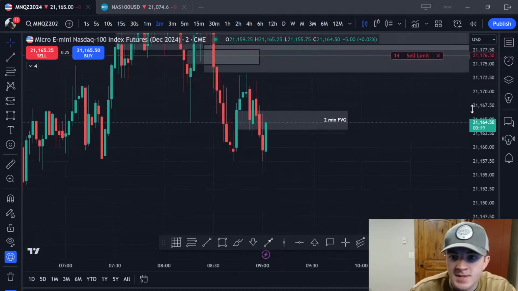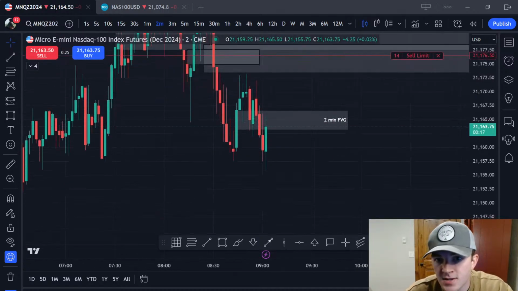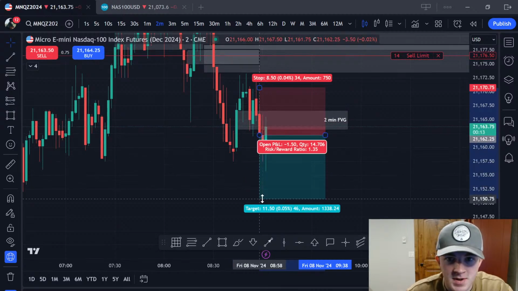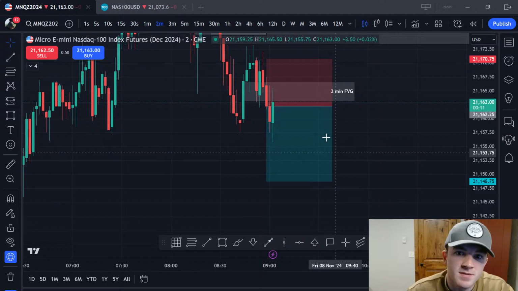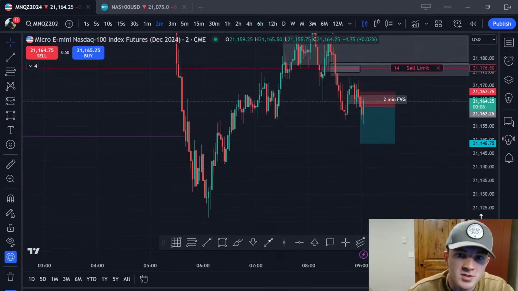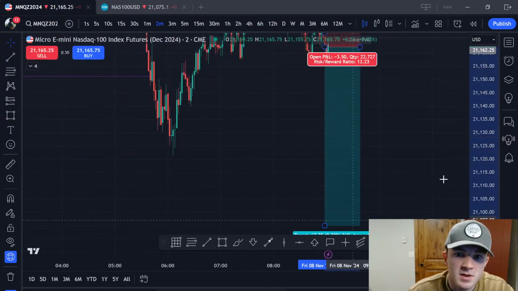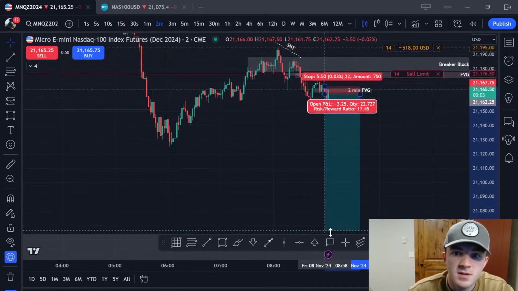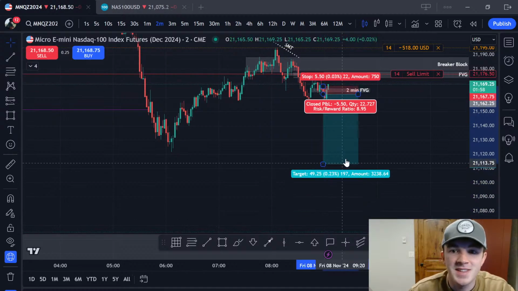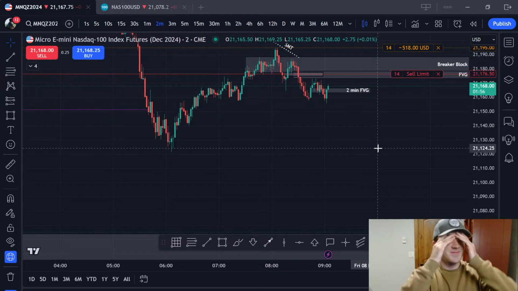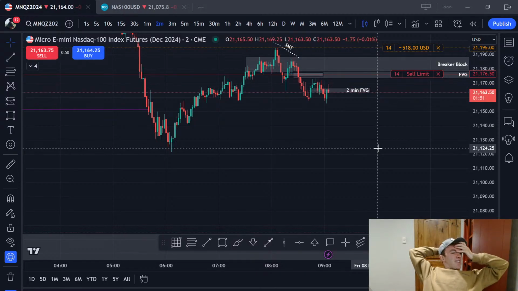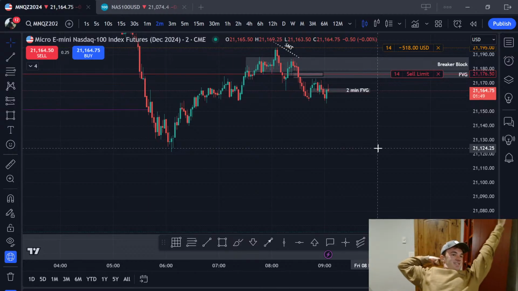See this? So basically entry's right here, stop loss to break even here, and then break even. But if this did want to run, imagine what your risk reward would have been on this trade. Oh my gosh. 17.7 to 1 risk reward. Bro, imagine if you just let that run.